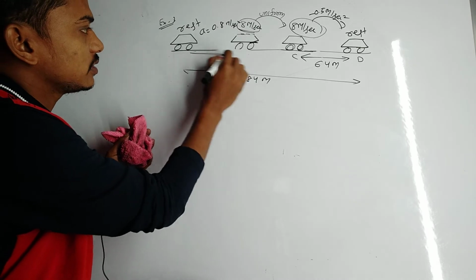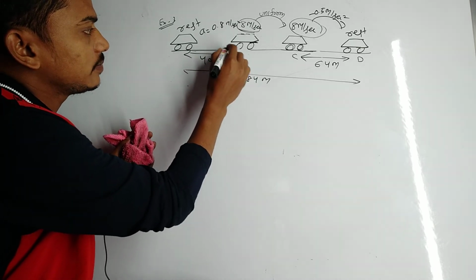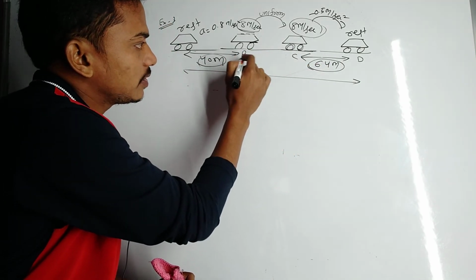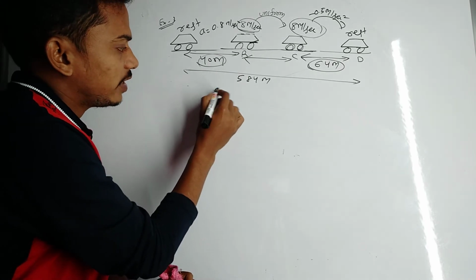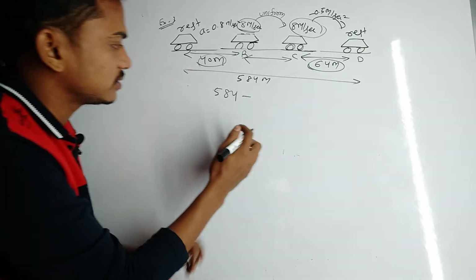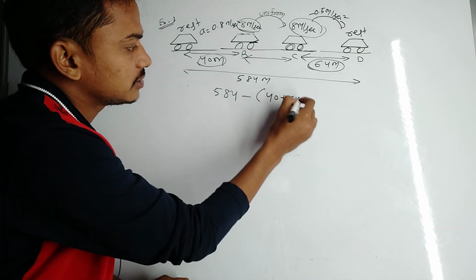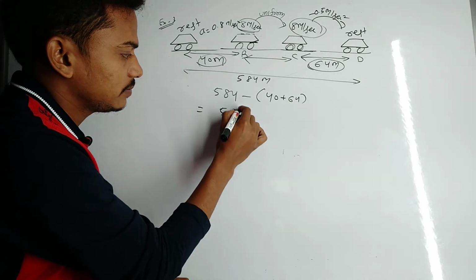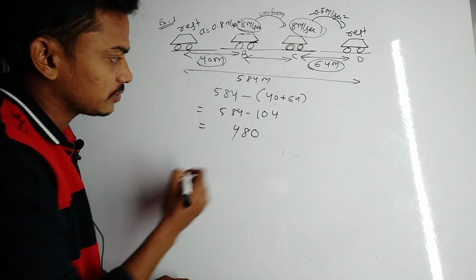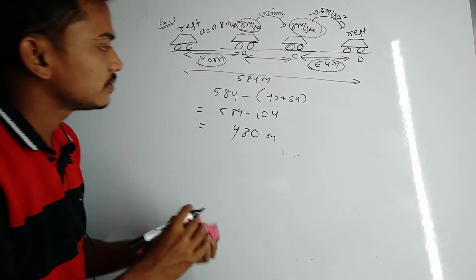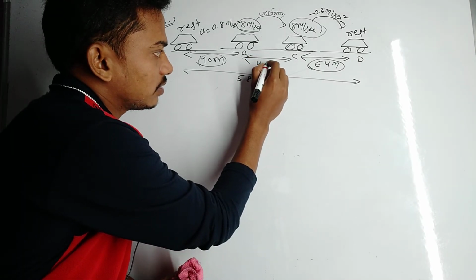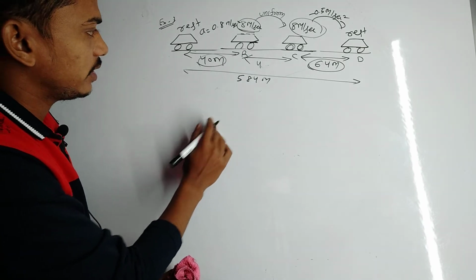So this is 40 meter, and this distance from B to C will be the total distance 584 minus this distance, 40, minus 64, so 584 minus 104, which is 480 meter.